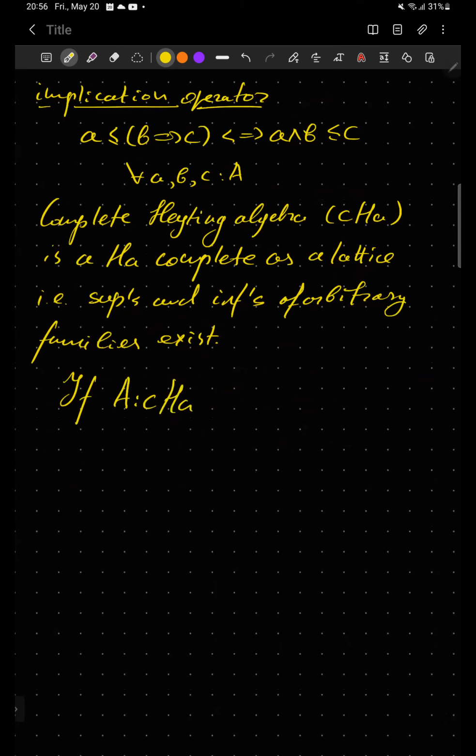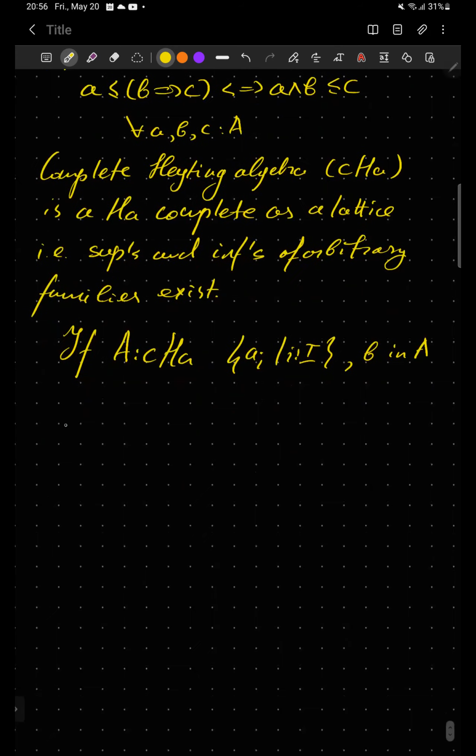If A is a complete Heyting algebra, and we have a family of elements indexed by the set I and an element B in A, then we have an identity which can be called an infinite distributivity law.